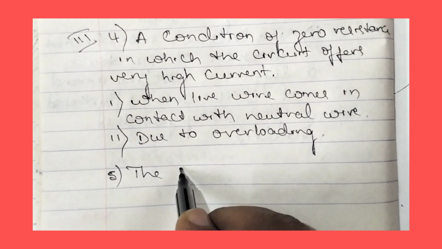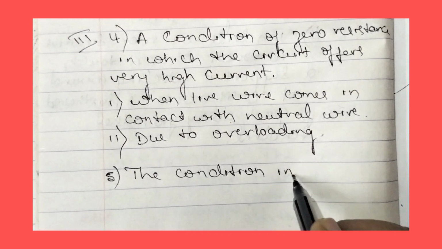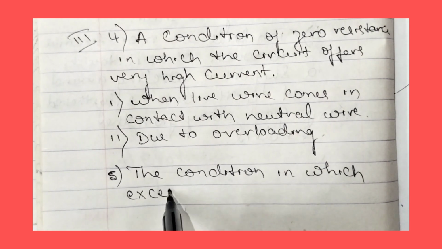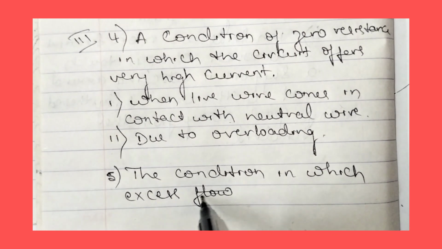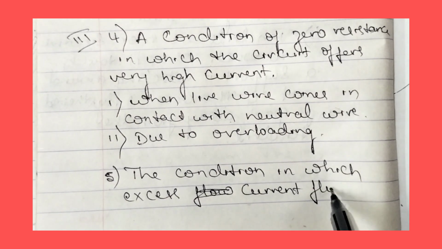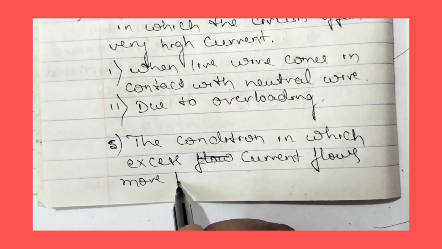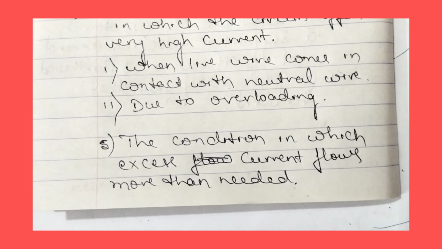The condition in which excess current flows, more than needed, is called overloading. Then what are the causes for overloading?